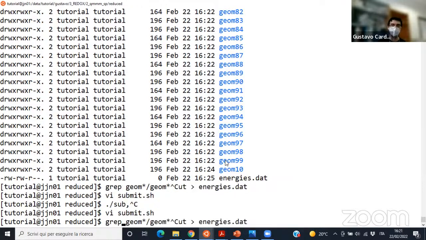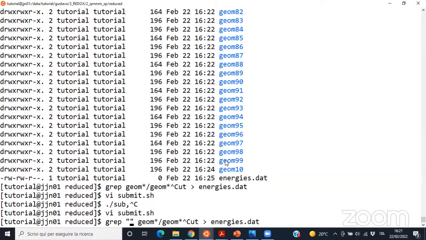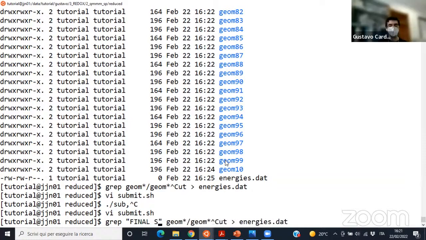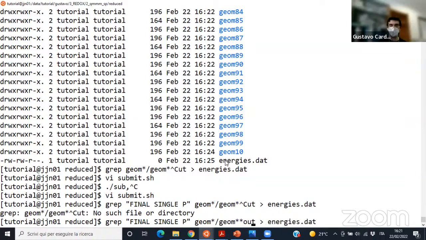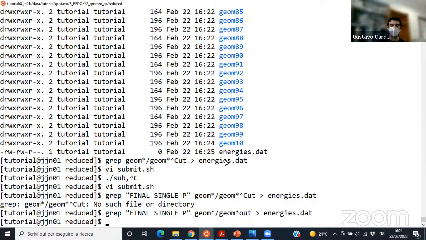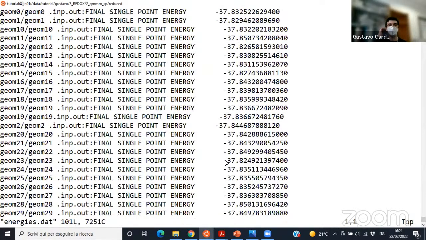Of course. Sorry about that. So final single p. I think that this will be enough. Just one star. Okay, here it is. So this space is not good practice. Sorry about that. Here are the energies.